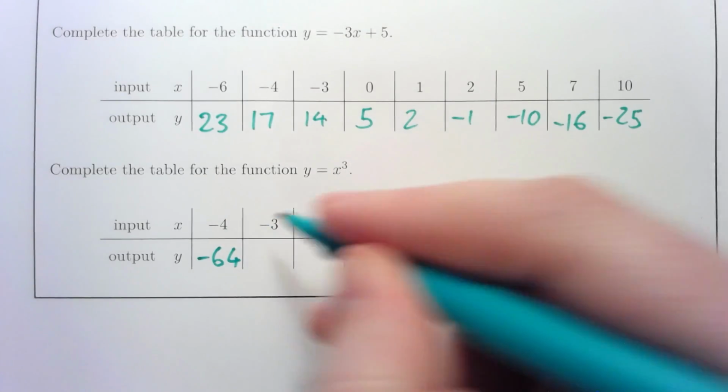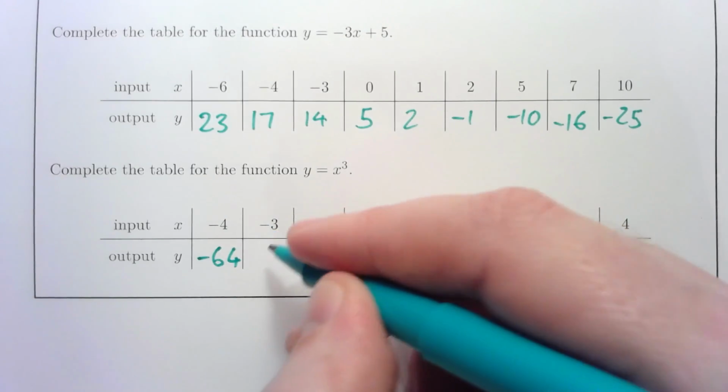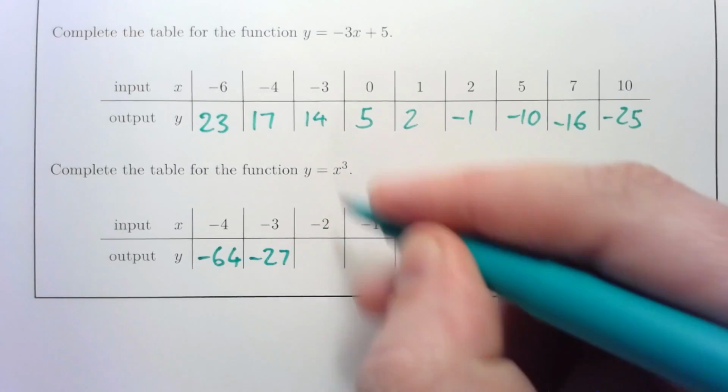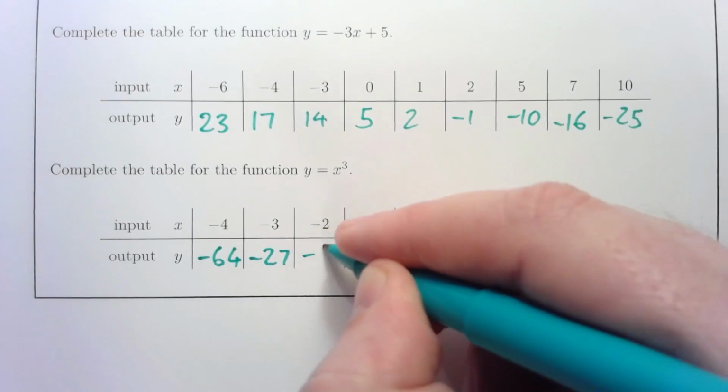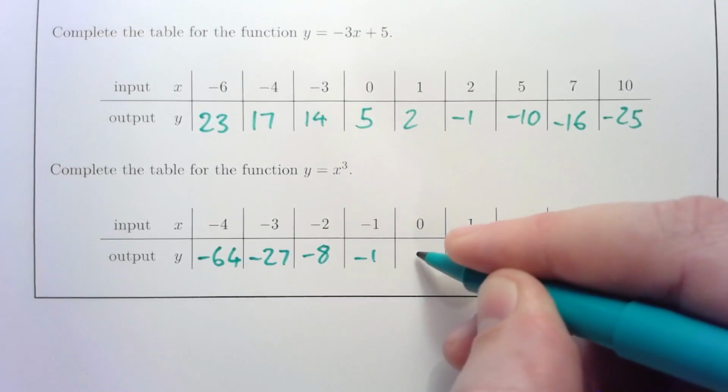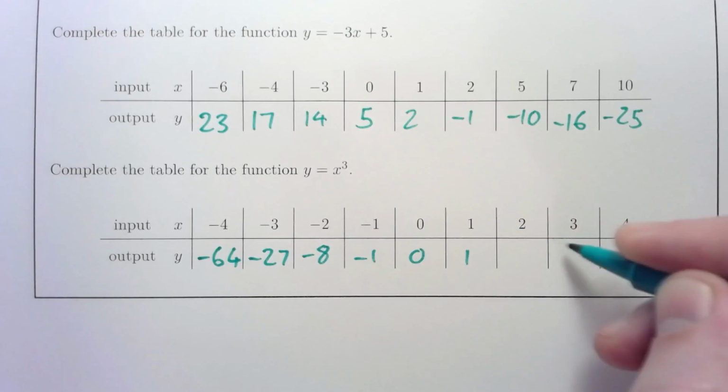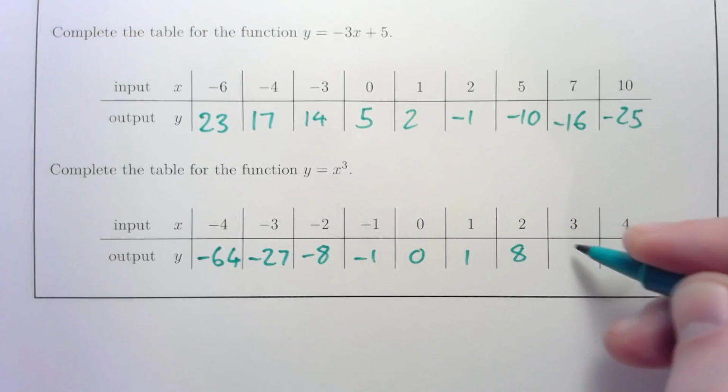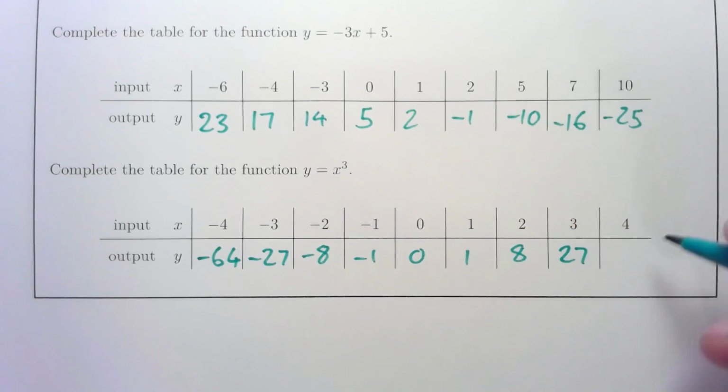Negative 3 to the power of 3 is negative 27. Negative 2 to the power of 3 is negative 8. And we can go through and evaluate our table for the rest of these inputs. Like so.